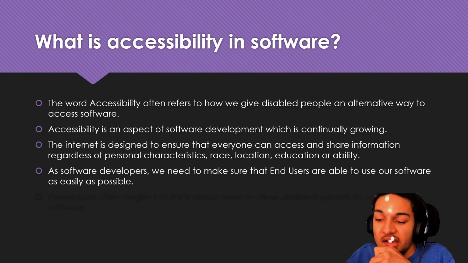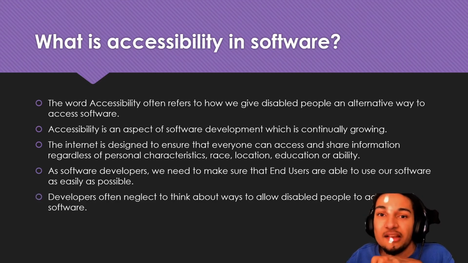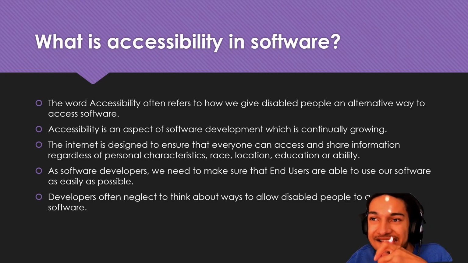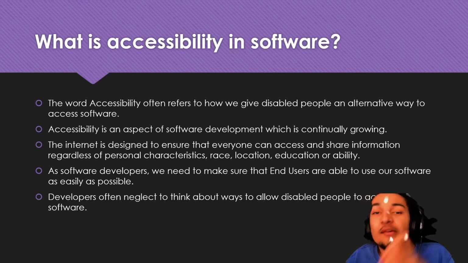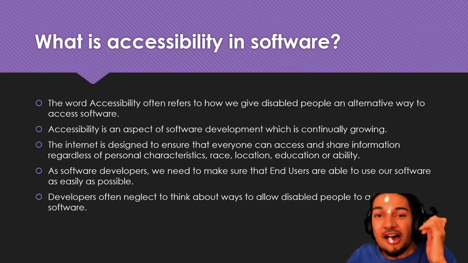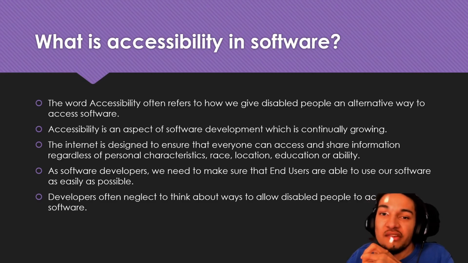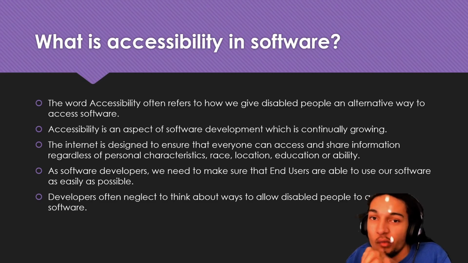But unfortunately, developers often forget about disabled people, or quite often it's an afterthought, or we have to do it in order to tick a box. Fun fact, about 20 to 25% of the world's population are disabled.